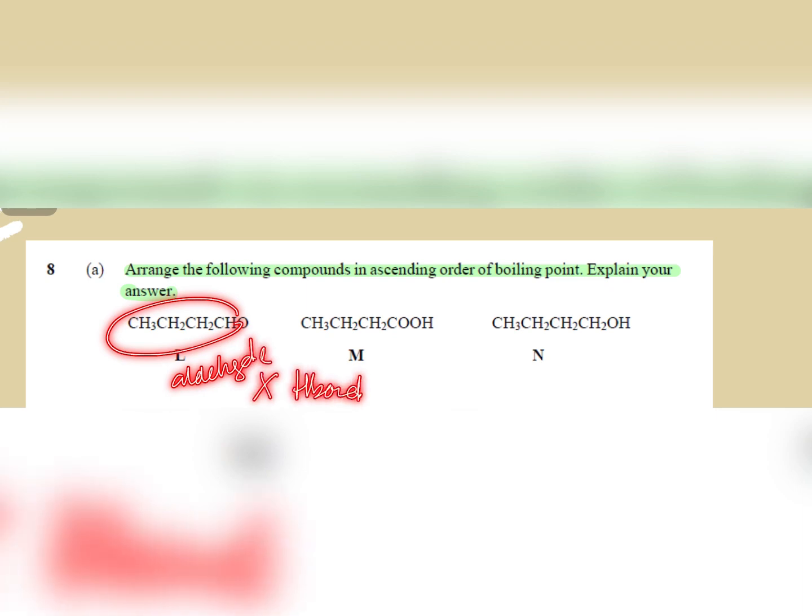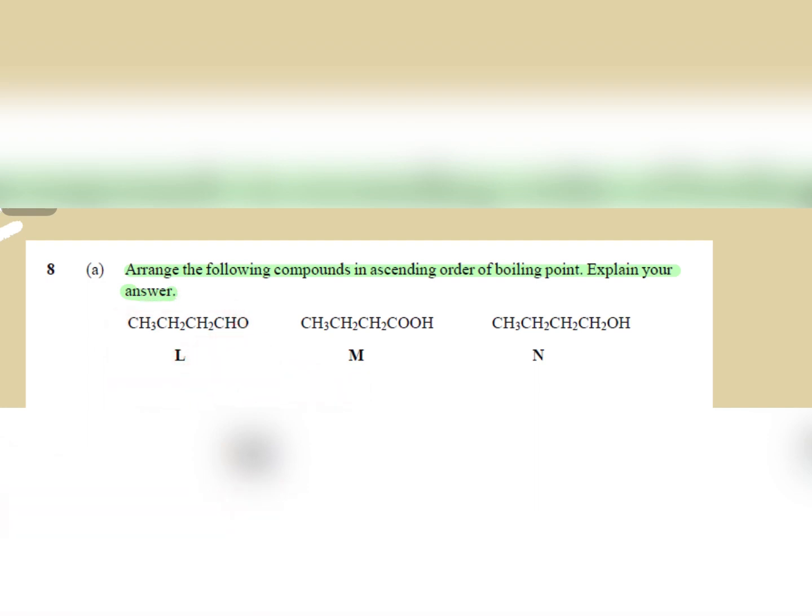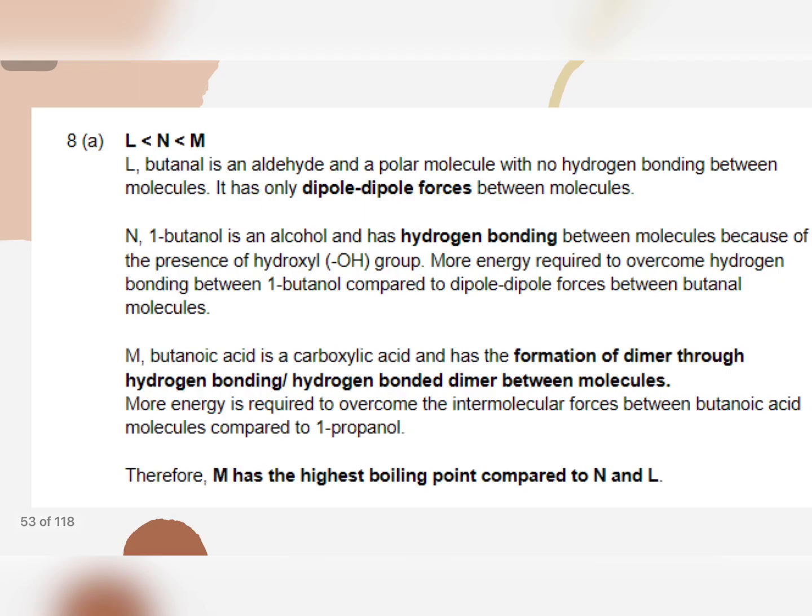So sebab tu this will be the lowest boiling point. Okay, so carboxylic acid dengan alkohol boleh form hydrogen bond. Okay, so untuk L, butanal, it is an aldehyde and it is a polar molecule with no hydrogen bonding between the molecules. So dia tak boleh form hydrogen bond. It only has dipole-dipole forces between the molecule.